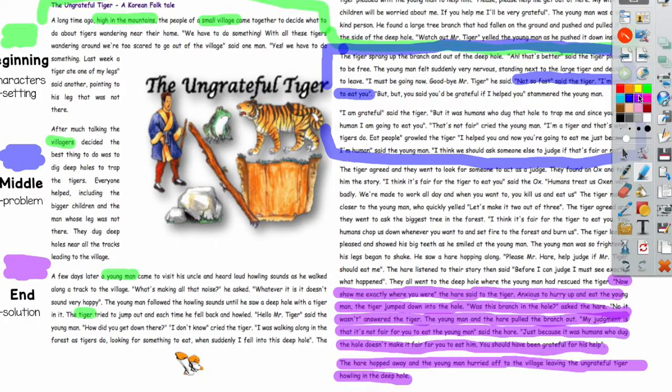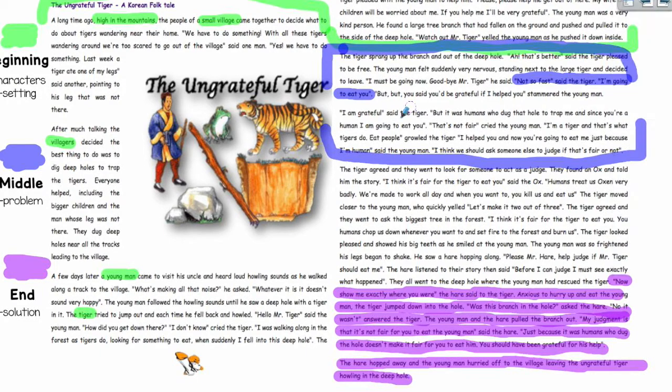Lastly, the end of our story is whenever they ask for judges and the rabbit saves the human by tricking the tiger into jumping back into the hole. We did such a great job on identifying the beginning, middle, and end of our story. So let's move on to our chart and fill out some important information.